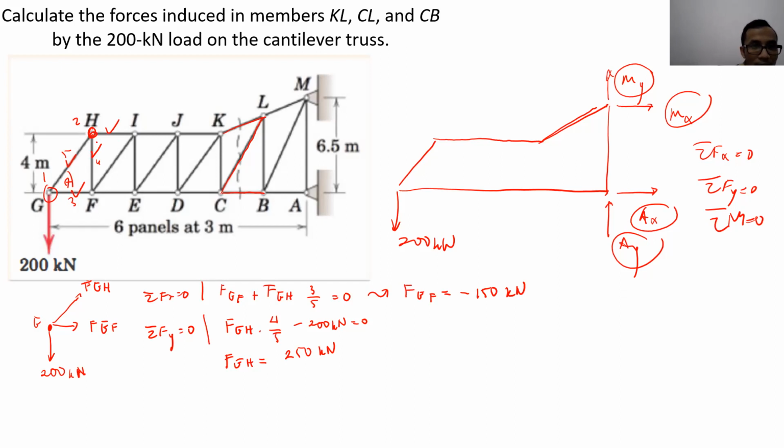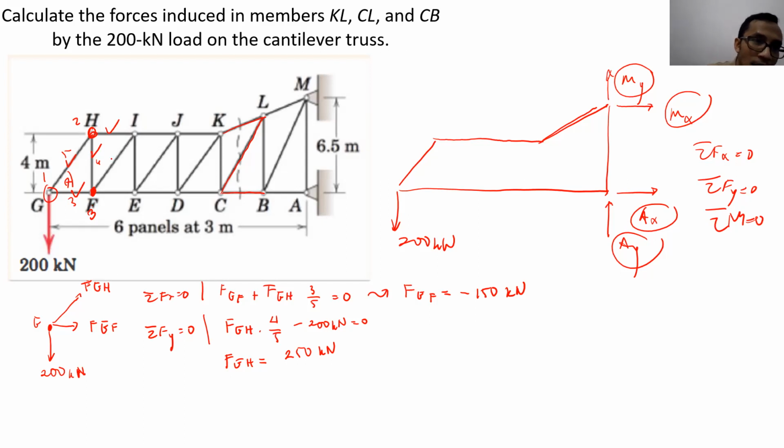Okay, after that, where are we supposed to go? Which one are we supposed to solve? Joint F, correct. Joint F, number 3 here. At joint F we have FI and EF.